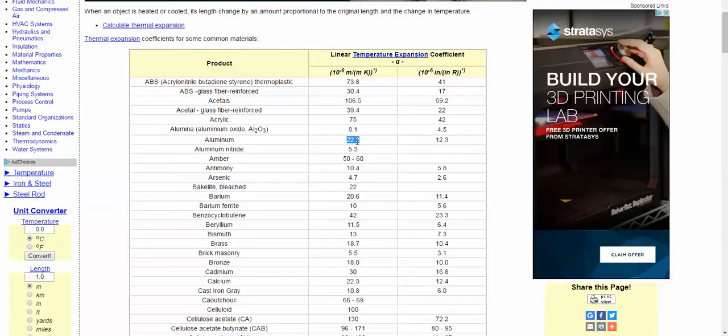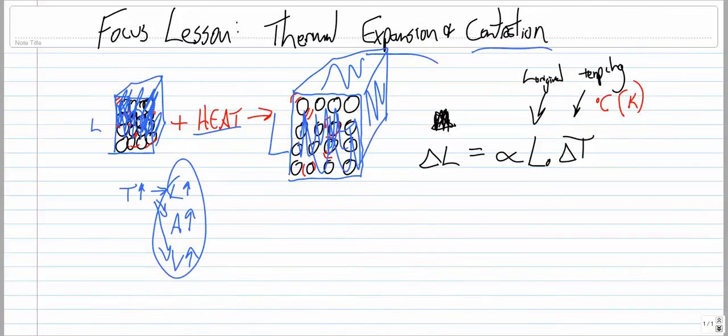So we're in meters, and aluminum is 22.2 times 10 to the negative 6th. So this number is what goes right there. That is our coefficient. So now let's just make up a problem.